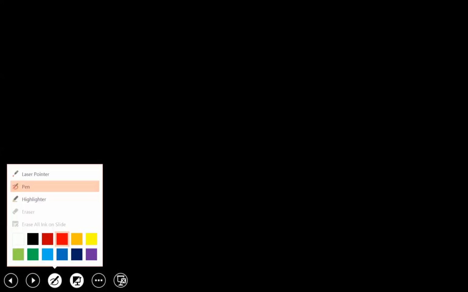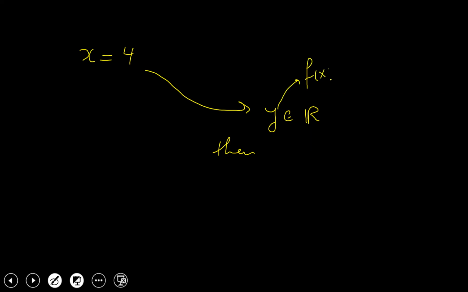Simply, let x be equal, for example, to 4. If the output of this number is a real number, any real number belonging to R, where y is f of x, then we say that x belongs to the domain of f.